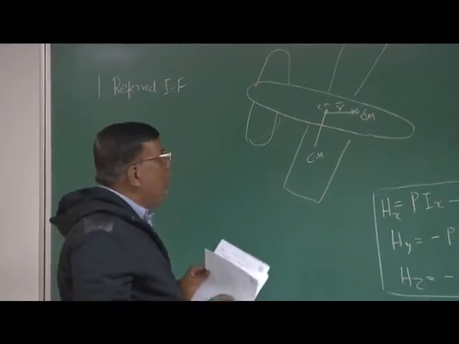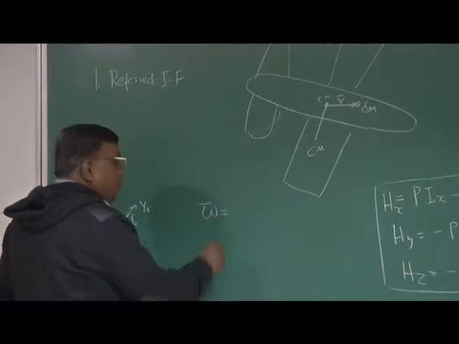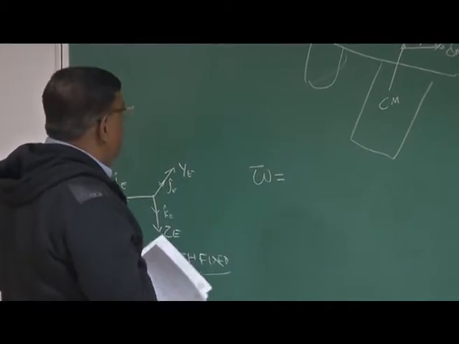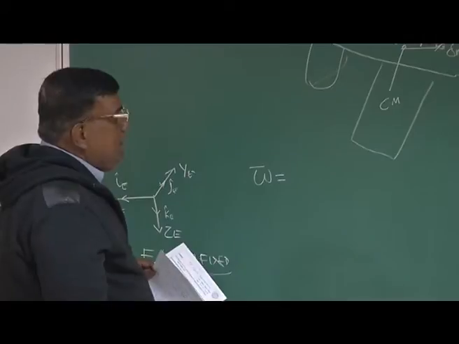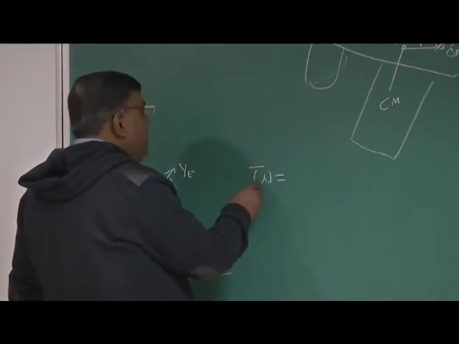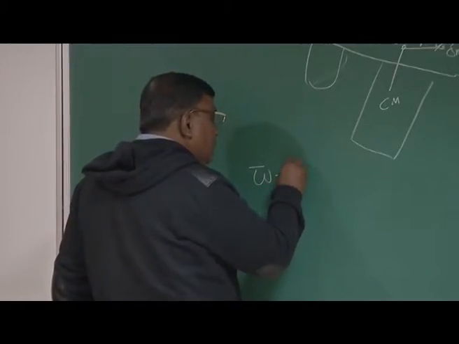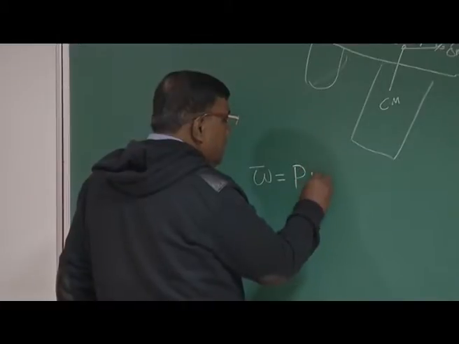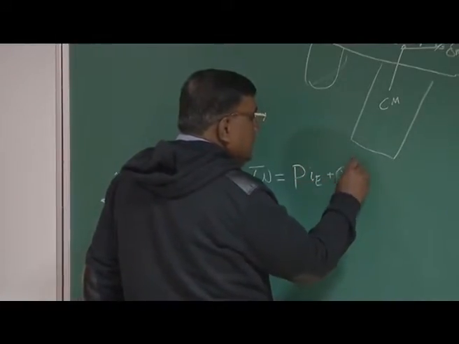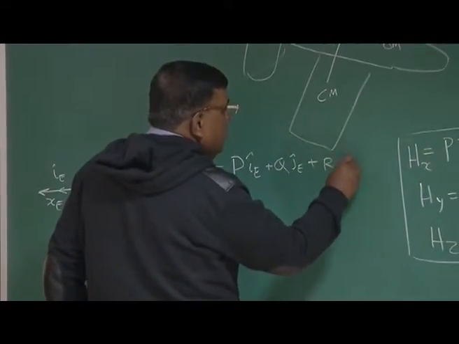What was omega? Omega is what we assumed to be the angular velocity about the inertial frame, which has IE, JE, and KE as the unit vectors. So if I write omega in terms of the inertial frame, I will write omega as P into IE plus Q, the y component, into JE unit vector plus R KE unit vector.